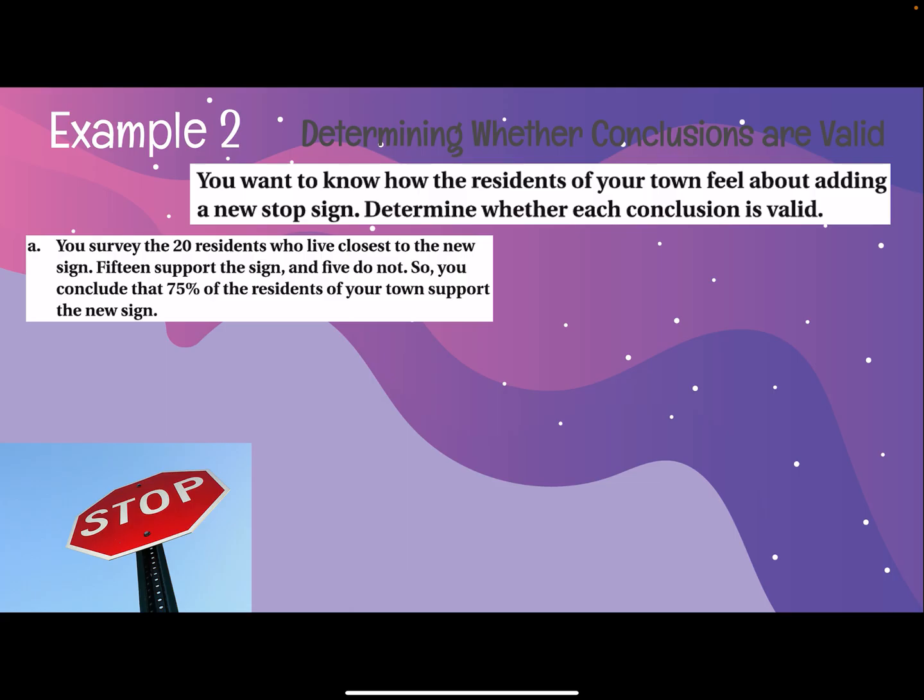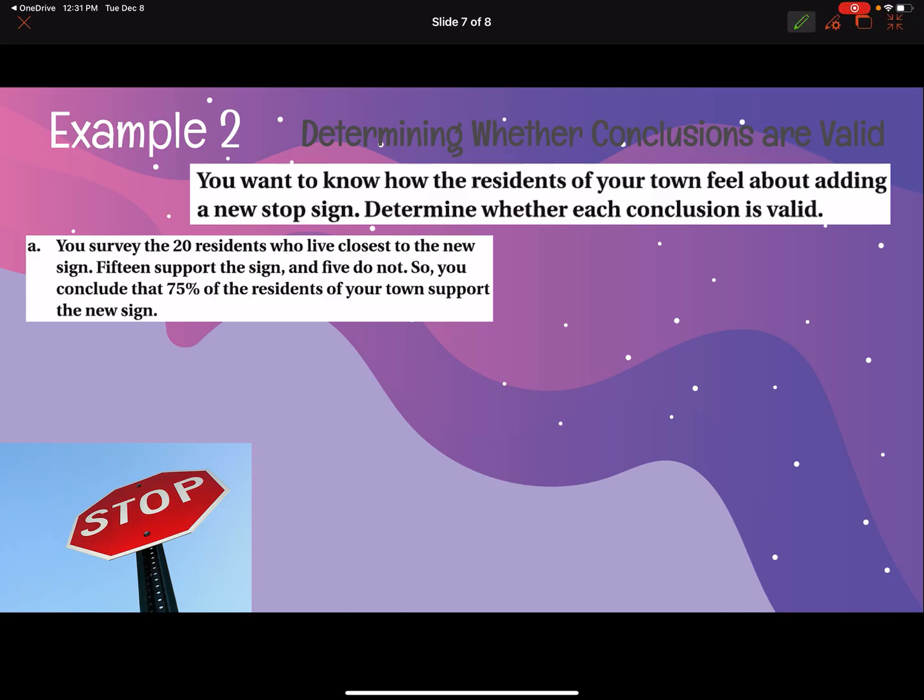Look at some points here that we have. We've only surveyed 20 residents who live closest to the new sign. 15 support, 5 do not. So you make a conclusion that 75% of the residents of your town support the new sign.